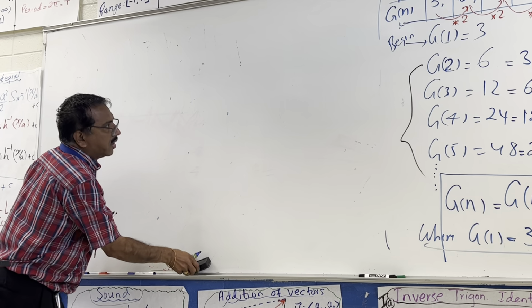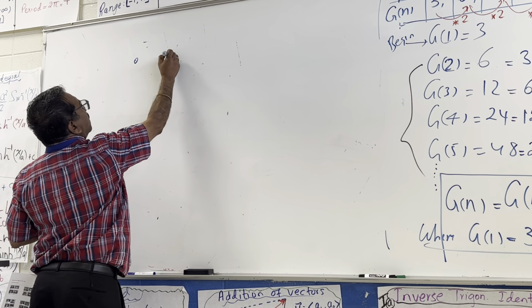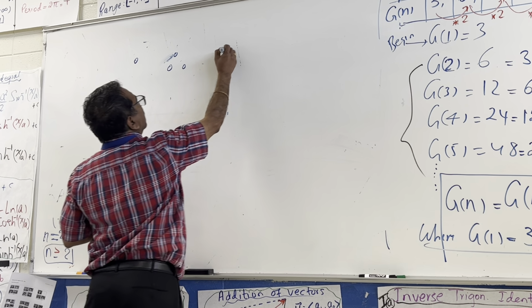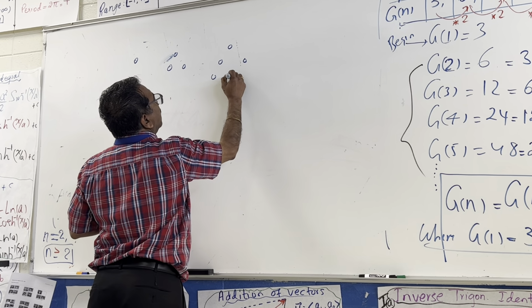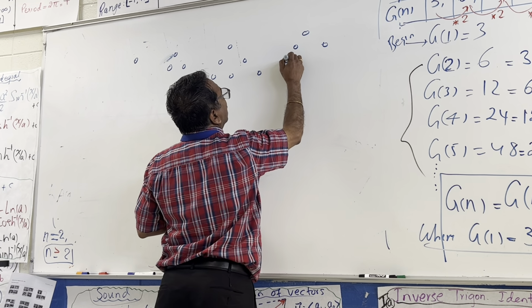The one that we did last time, remember, was the number of dots. First there was 1 dot, and then we had a dot and 2 dots, and then 3 dots, and then there was another one this way.